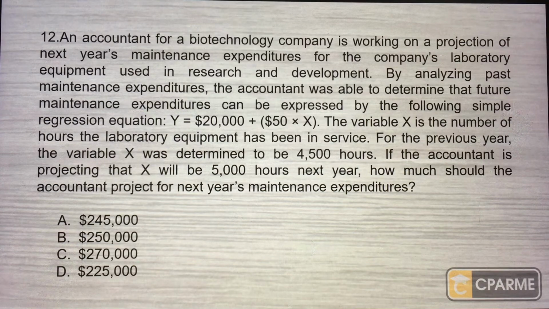I-substitute lang natin yon so that we could get that y, the total projected maintenance expenditures. Okay, 50 times 5,000 is equals to 250,000 plus 20,000 is 270,000.